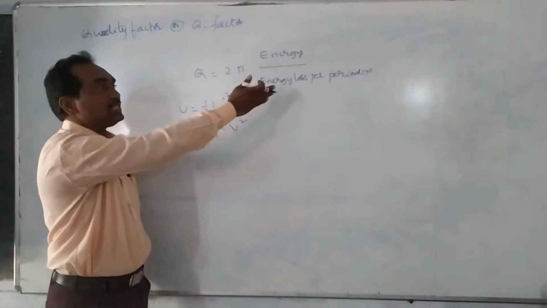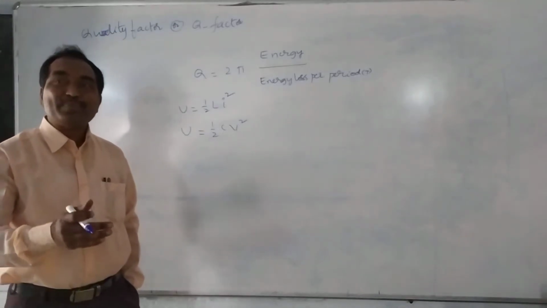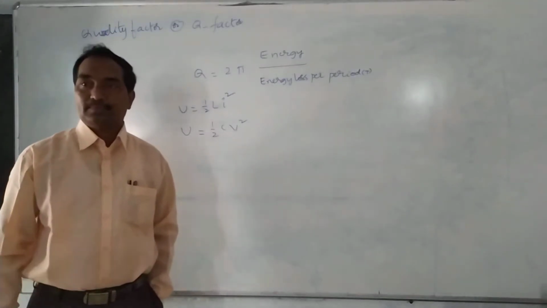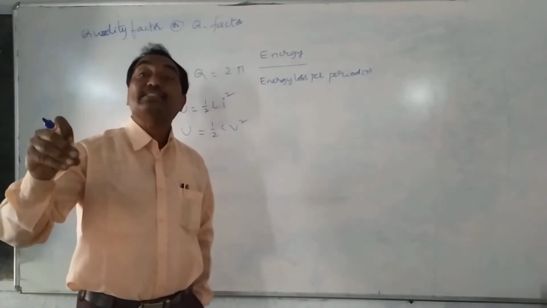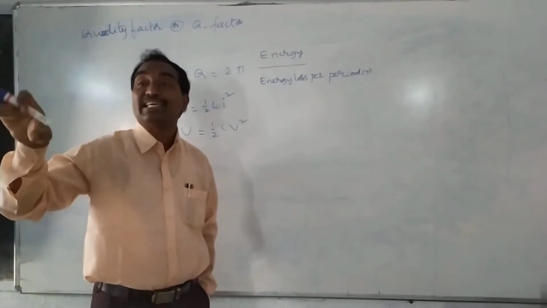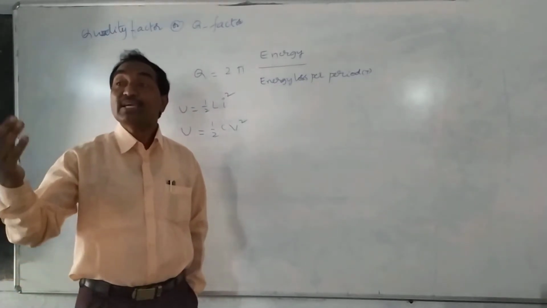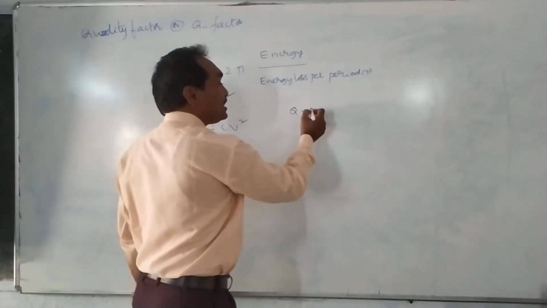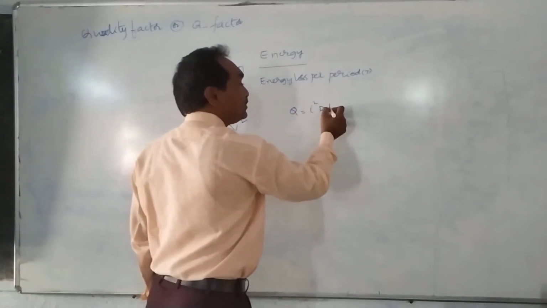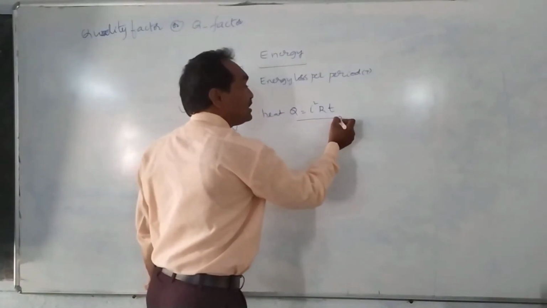And what about the energy lost per period? We know when current is passing through a resistance, some energy is lost in the form of heat energy. We know Q is equal to I square R T, the amount of heat liberated when current passes through the resistance.